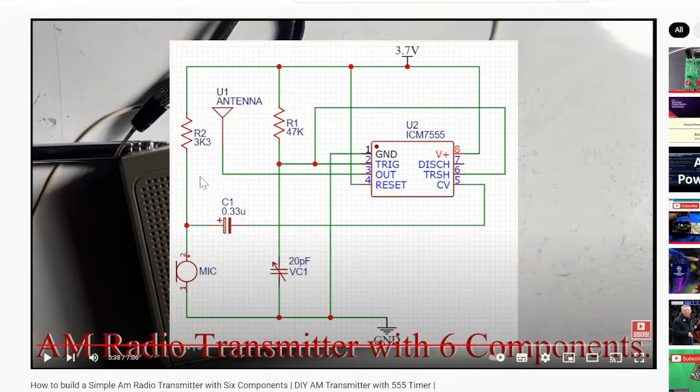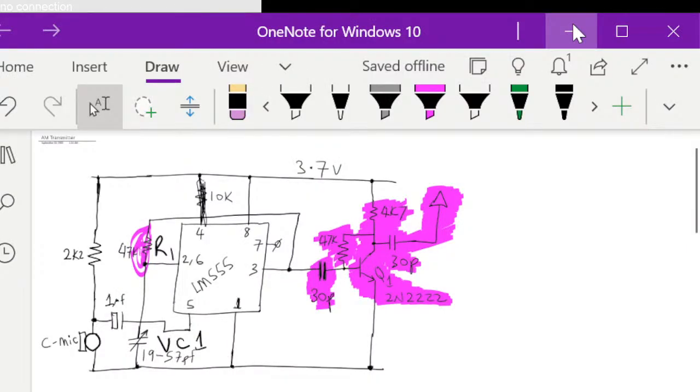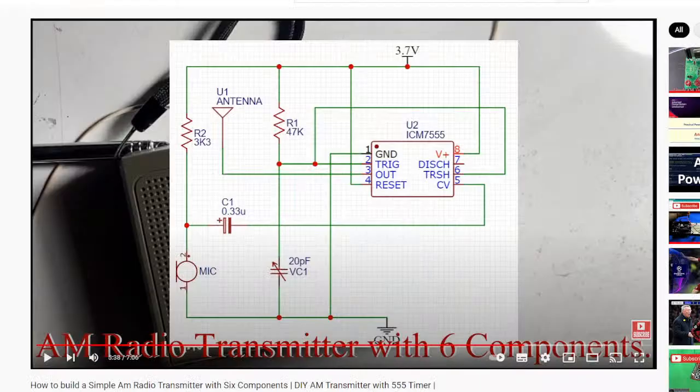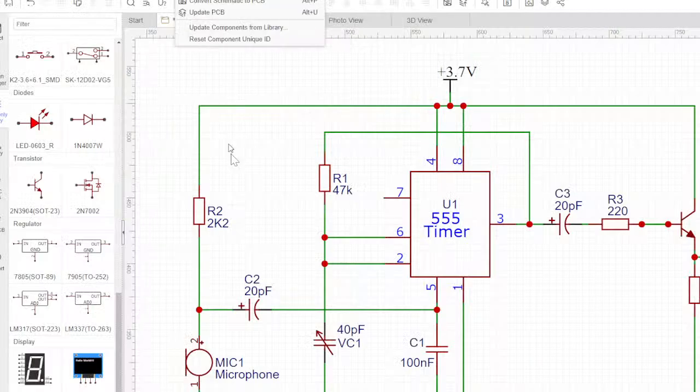In the actual one, we used 3.3 kilo ohms, but we've used different values. As you've seen, the current one is at 2.2 kilo ohms. So use the values that you have available to you. In the current design, we tried to make it look similar to what we've drawn in the note here, so we've moved around the pins.